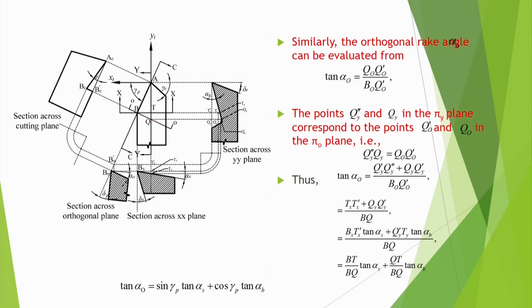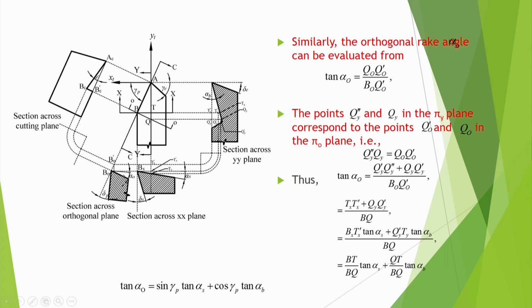In between there is a point Q here at the center. So when I am cutting here, then this point can go to this one. Orthogonal rake can be evaluated from tan alpha 0 is equal to Q0 prime and B0 Q0 prime.